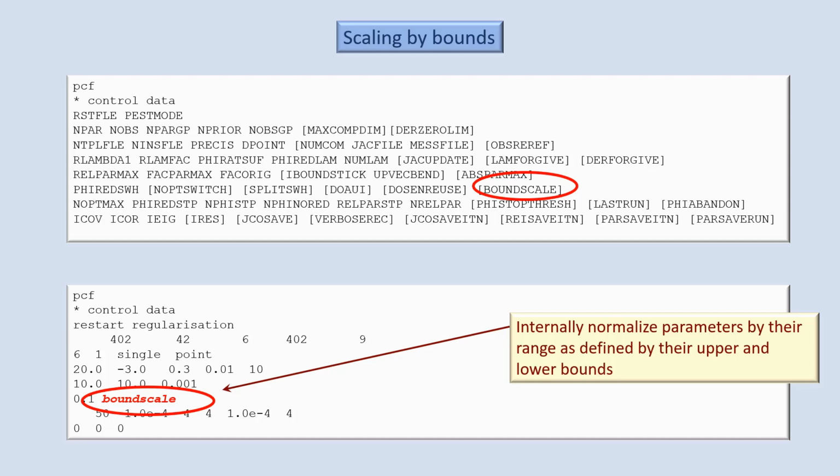Now notice that it takes no account of the fact that the prior probability distribution of parameters should actually be expressed by a covariance matrix and not by individual bounds, so this is a somewhat artificial, though sometimes effective procedure. Anyway, it scales each parameter by the distance between its upper and lower bound and then solves the equations for parameter upgrades. Sometimes this can be quite effective, sometimes not.